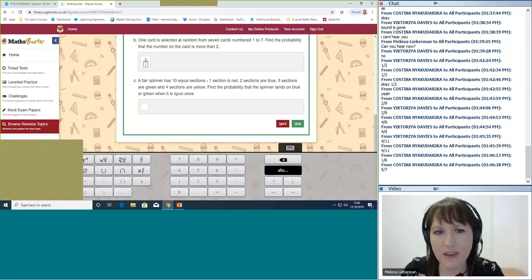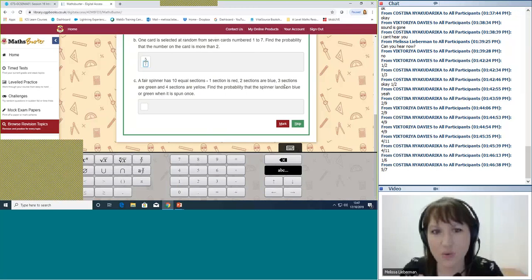And the last one here, we've got a fair spinner, 10 equal sections. 1 section is red, 2 sections are blue, and 3 sections are green, and 4 sections are yellow. Find the probability that the spinner lands on blue or green when it's spun once. So blue or green, 2 are blue, and 3 are green.